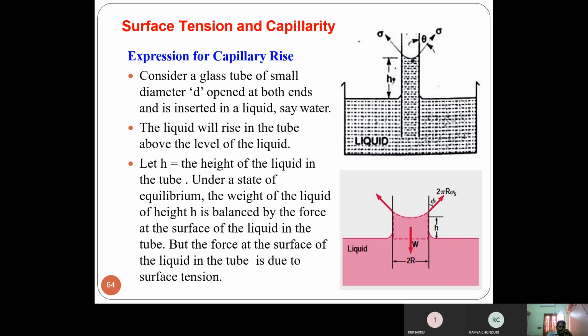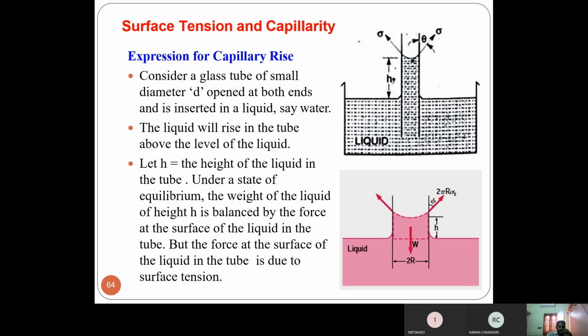See, this water level rises to a height h from the outside water surface. This is the structure of the inside or raised water.